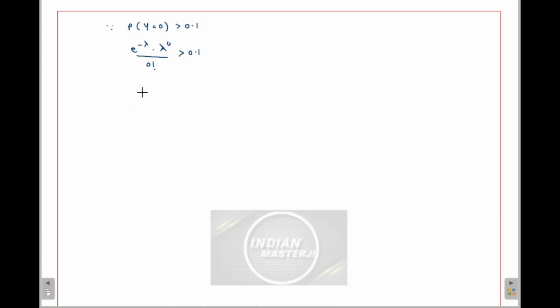Correct? So this means e raised to minus lambda is greater than 0.1. Because I have got an exponential term here, let me apply natural logs on both sides. So ln of e raised to minus lambda will be greater than ln of 0.1.